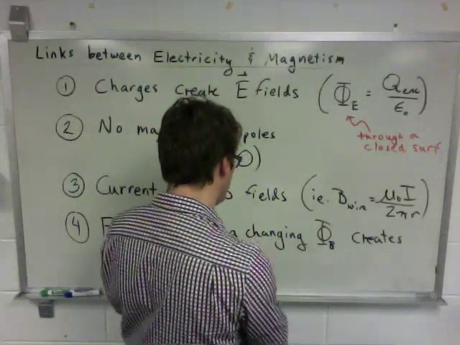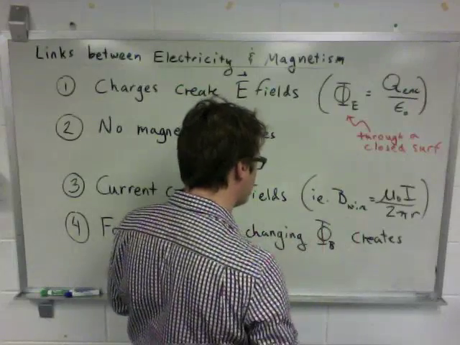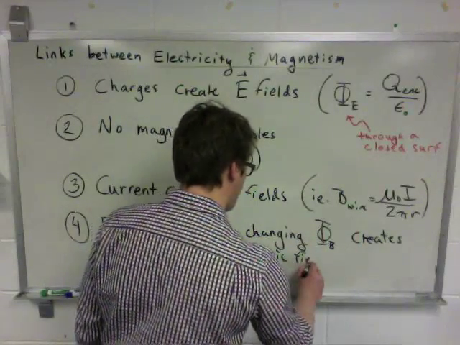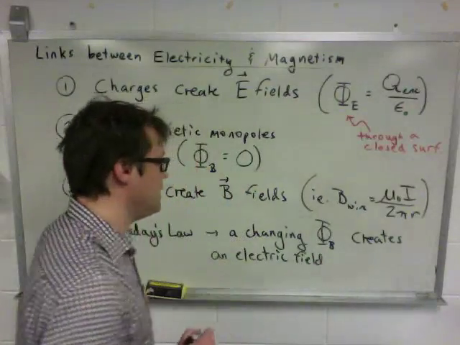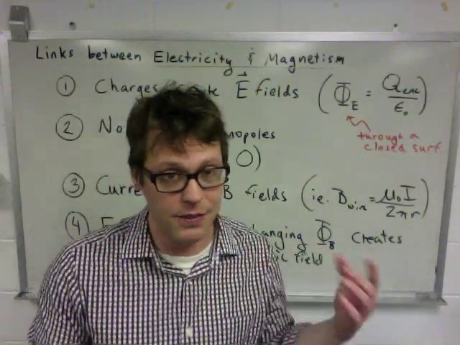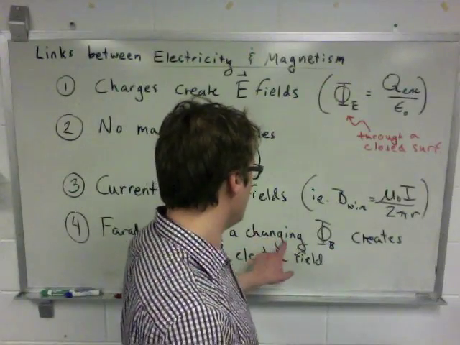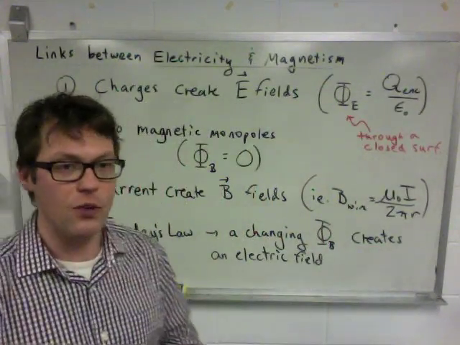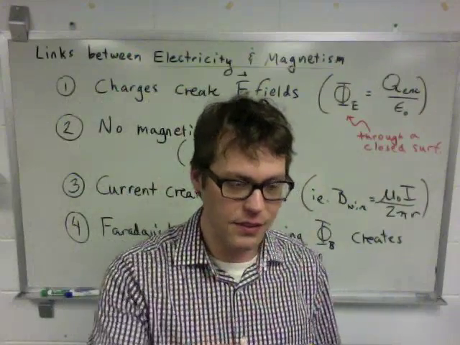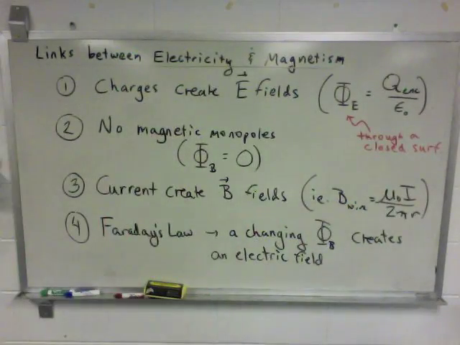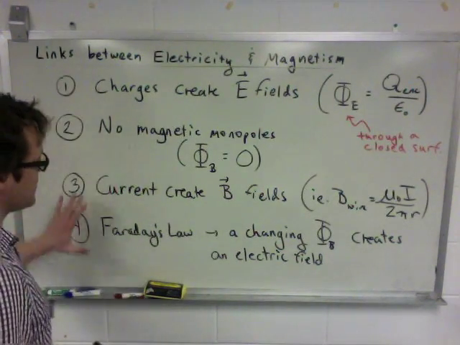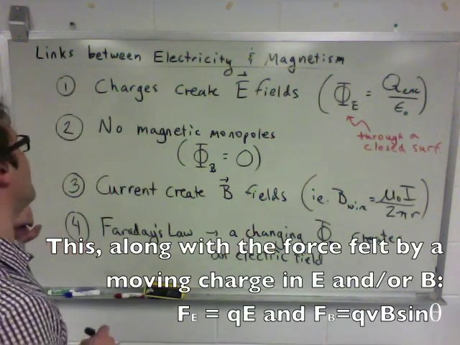So effectively, by changing the magnetic flux, we're creating an electric field. We didn't talk about that too much in detail mathematically, but that's in effect what's happening. If a magnetic flux is changing in time, then that creates an electric field, which then will drive these EMFs and these currents. So far, this is a summary of everything that we've done in this course.